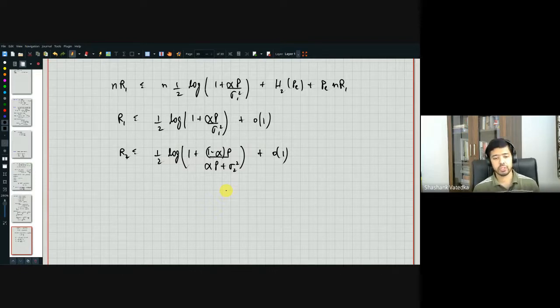We've proved both an inner bound, which can be achieved using superposition codes, and an outer bound, which basically made use of the entropy power inequality and the standard techniques that we've used so far to prove converses. Right? Any questions?